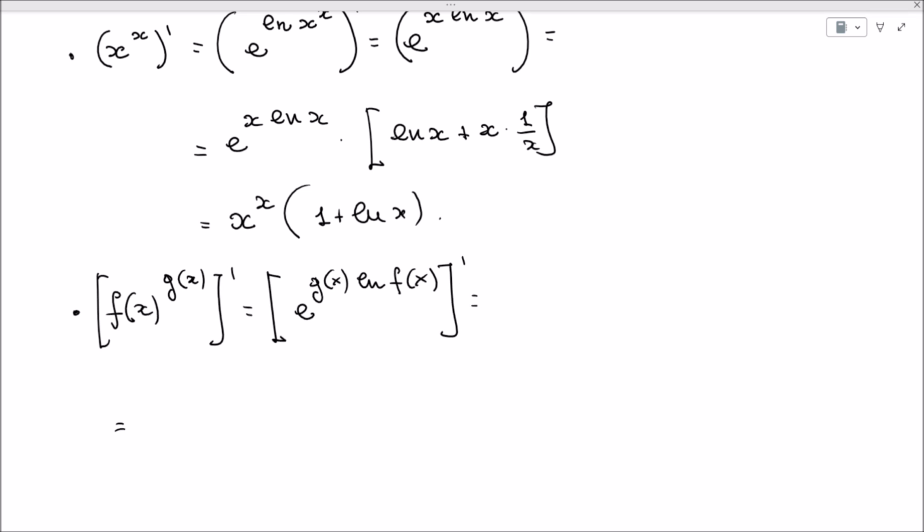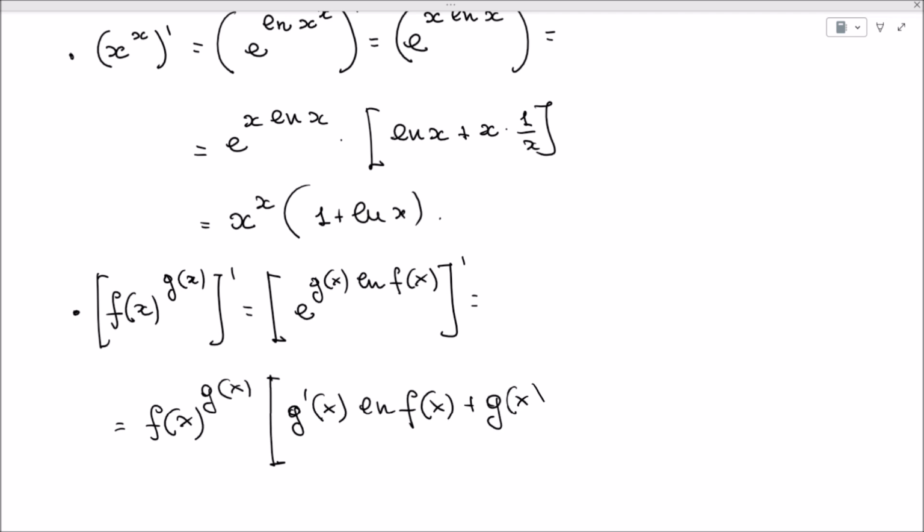This now becomes simply f of x raised to the g of x times the derivative of the exponent, which is a product. Well, it is a compound function actually. So we have g prime of x times the logarithm of f of x plus g of x times 1 over f of x, and then we need to multiply by f prime of x.